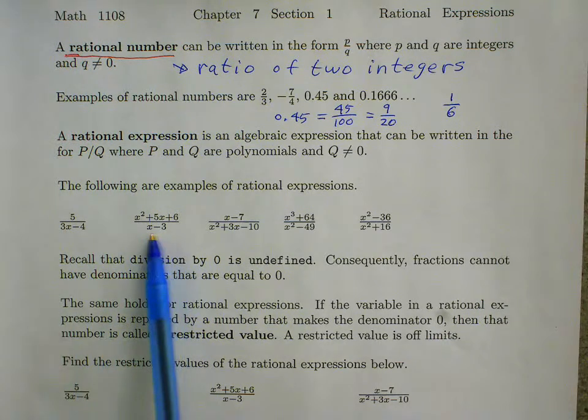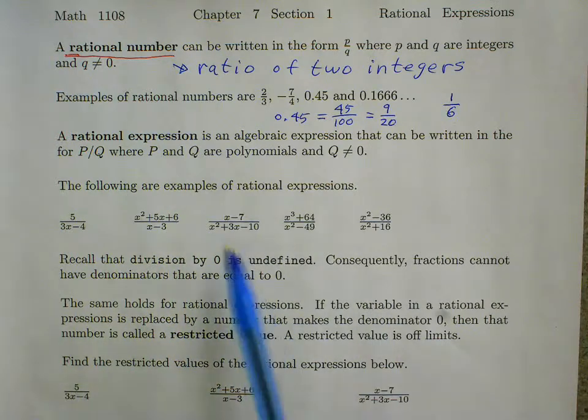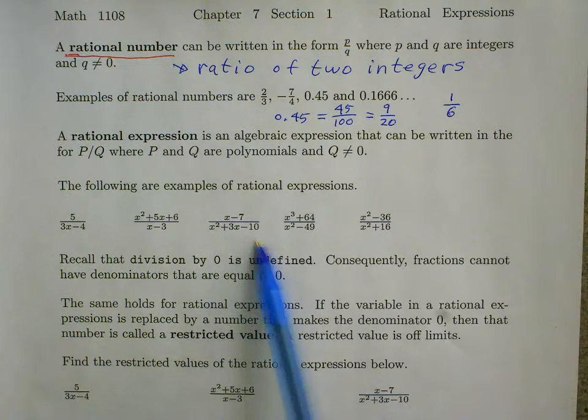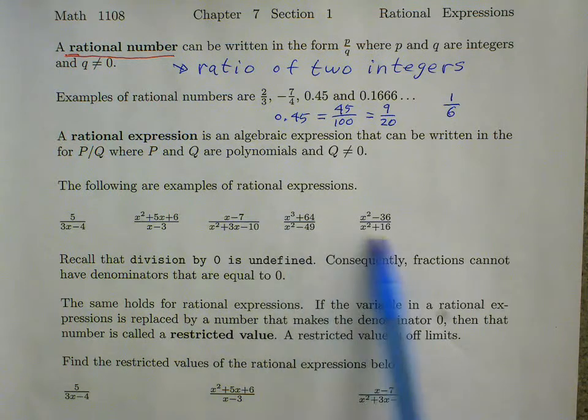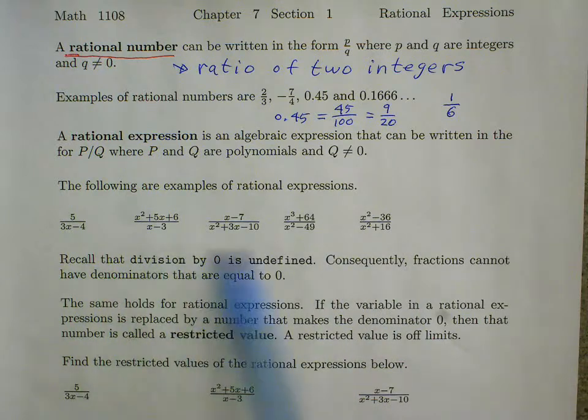The next example, x squared plus 5x plus 6 divided by x minus 3, is a rational expression. The next one, x minus 7 divided by x squared plus 3x minus 10. There's really no end to how you can write examples of rational expressions. These are just 5 examples.